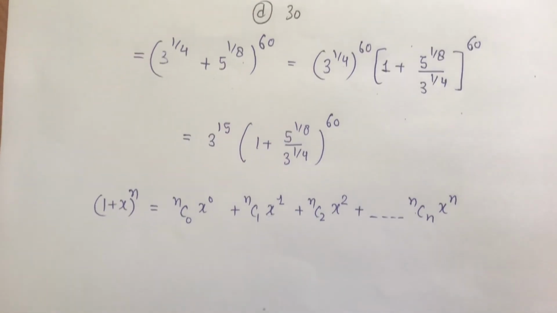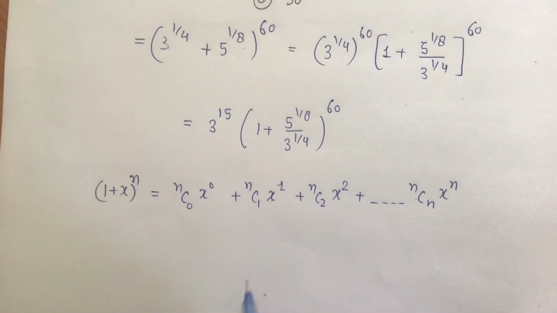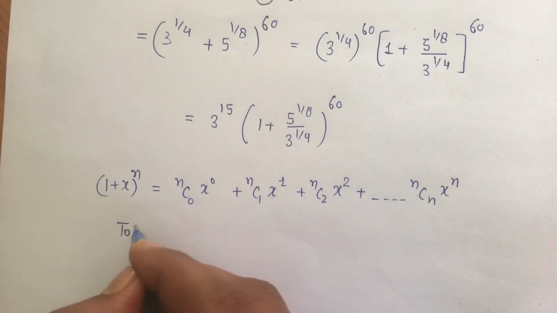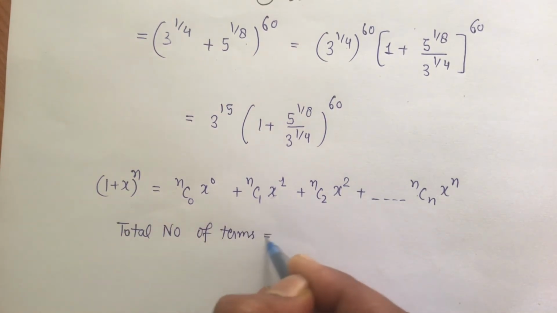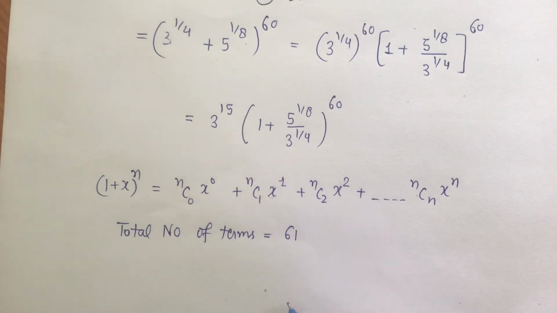So basically what we will be doing, we will count the number of rational terms, then subtract the number of rational terms from the total number of terms, and I will get the number of irrational terms. First of all, the total number of terms in the expansion will be n plus 1, 60 plus 1, 61.